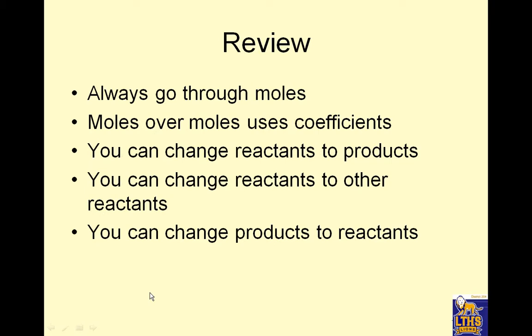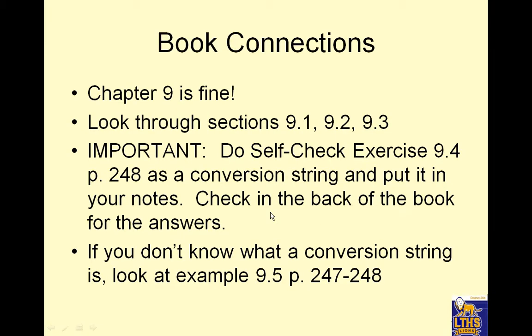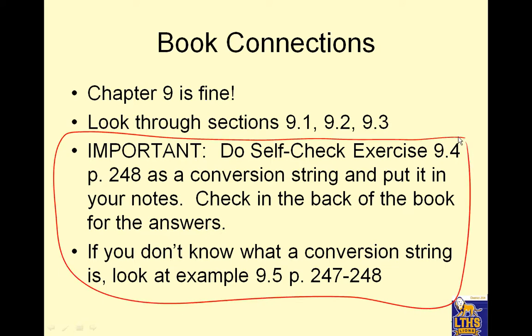So review: always go through moles. Moles over moles, use coefficients. You can change reactants to products, reactants to other reactants, or products to other reactants, back and forth anywhere in a balanced equation using mole ratios. Be sure to read your book. Now go back and do this. Your book does each step separately.